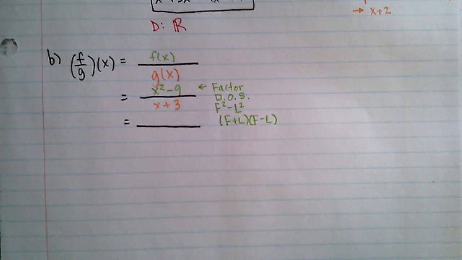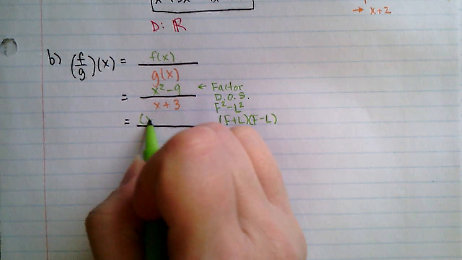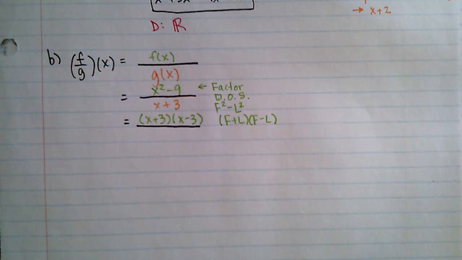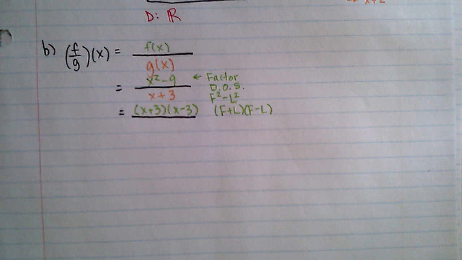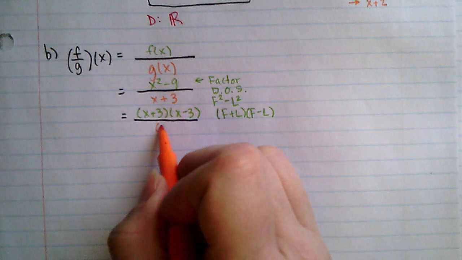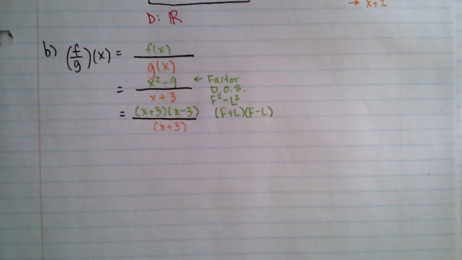So x squared minus 9 would factor to give me x plus 3 times x minus 3. And the denominator doesn't factor. It stays x plus 3. You notice that I put that in a parenthesis. That's not really necessary, but it does help me see if I can cancel anything.